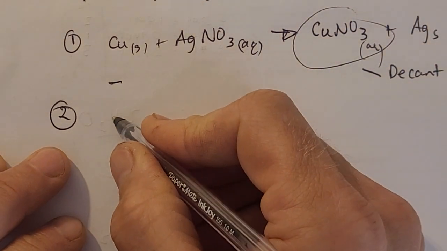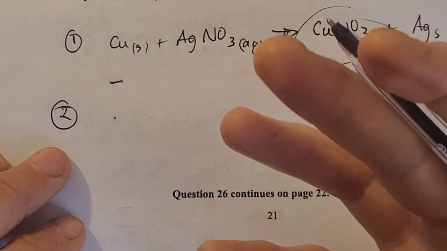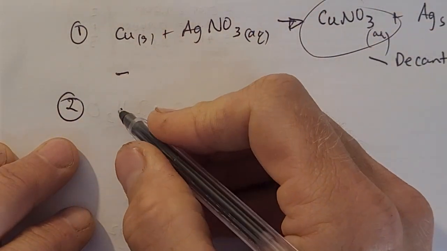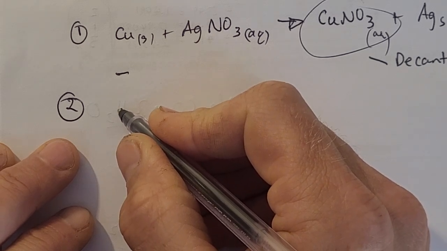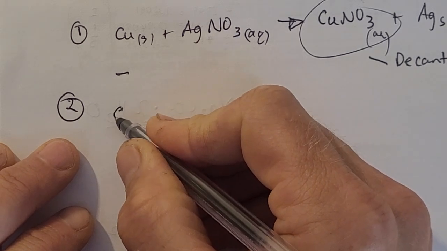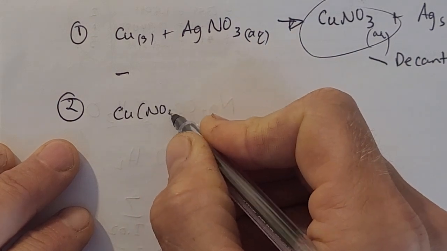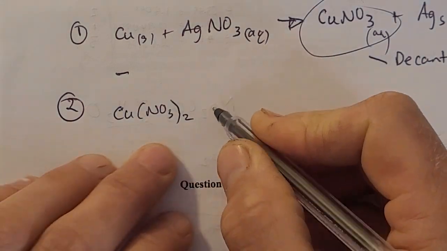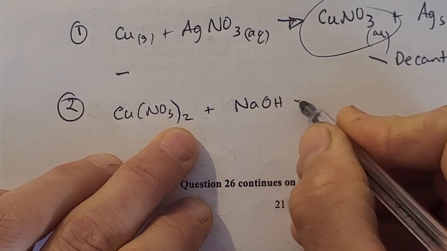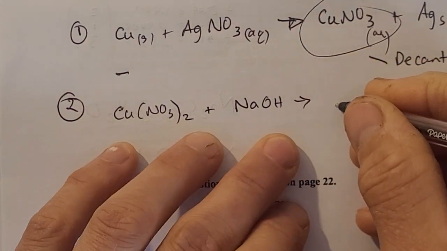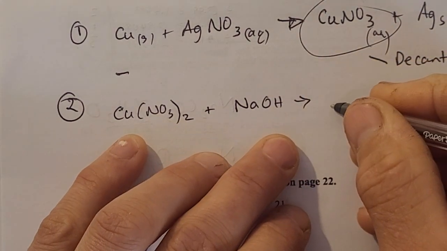Okay, so let's write the equation down. They want you to demonstrate writing the equations. Copper nitrate plus sodium hydroxide is going to give us, what's that going to give us?